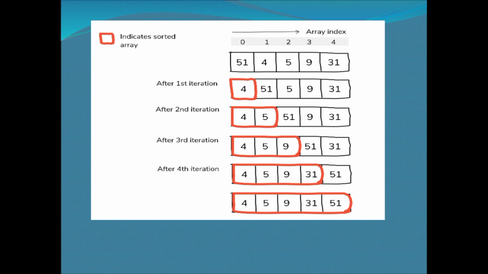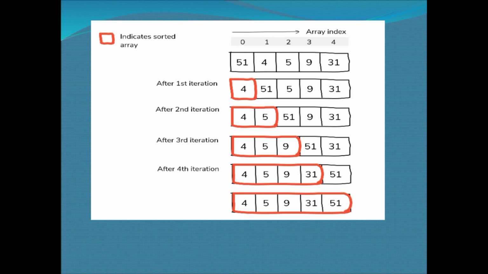After this step, I again searched for the smallest element, and my smallest element is 9. So I swapped 9 with 51, that is the second position element, so that they are in order. Now after the third iteration, my list becomes 4, 5, 9, 51 and 31.